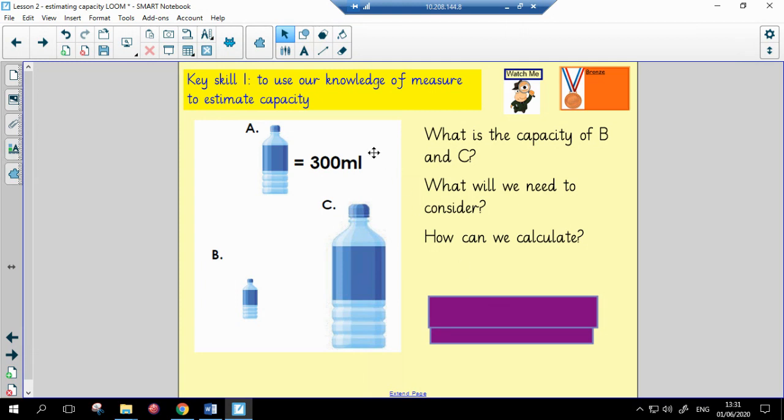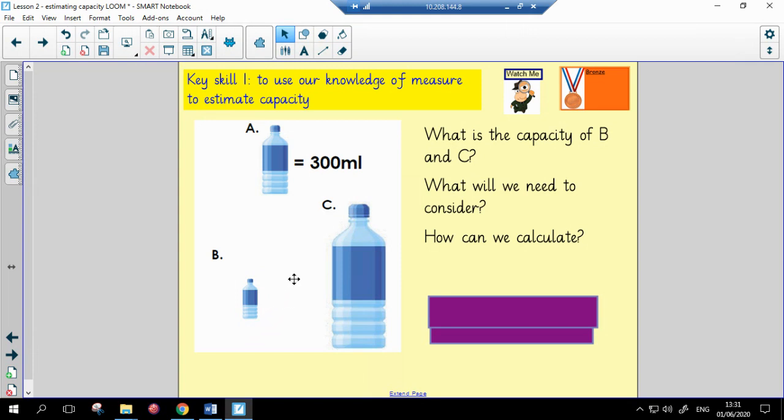So if we look at this first one here, this bottle is probably about 3 times bigger than bottle B. So to estimate the capacity, I would say 300 millilitres divided by 3 is 100 millilitres, and I'd make a sensible estimate that this bottle would hold 100 millilitres.